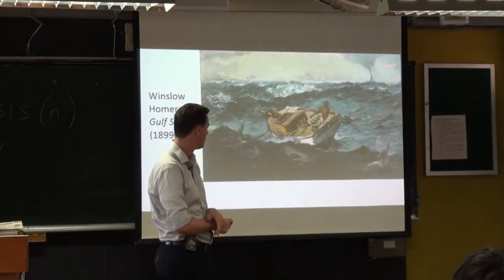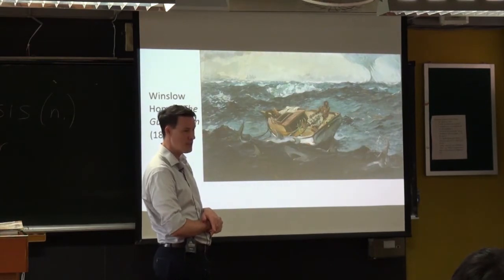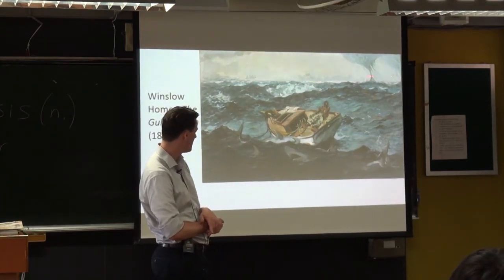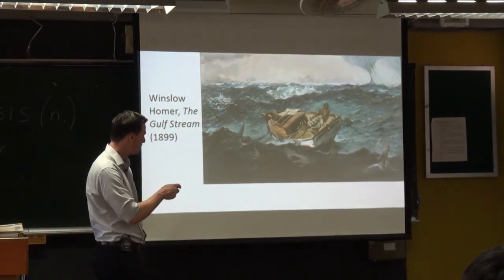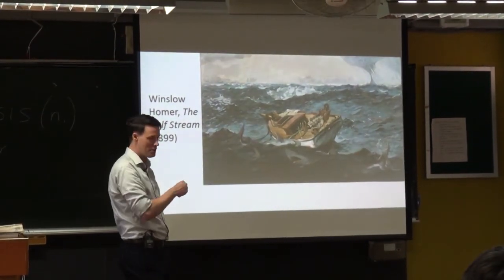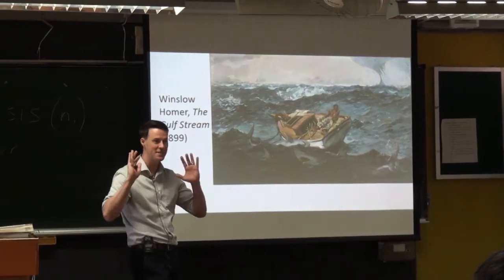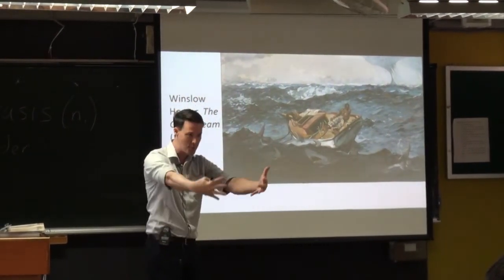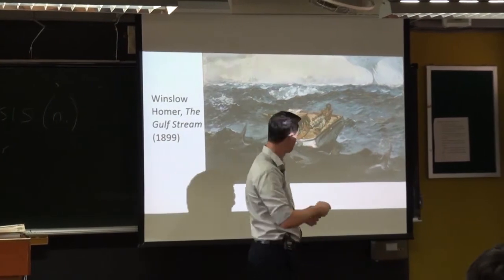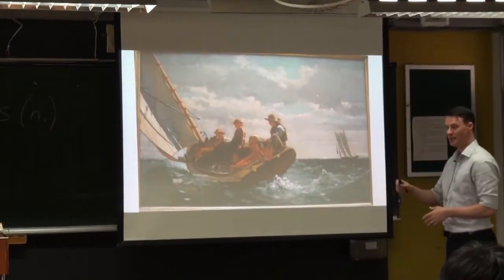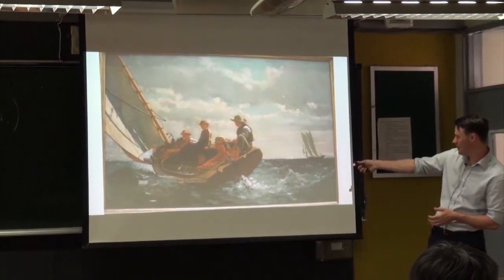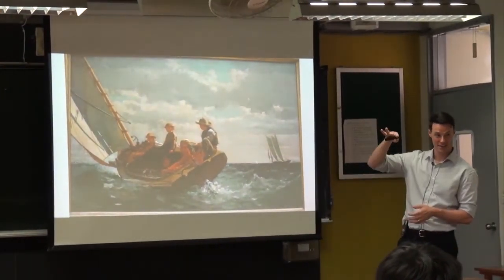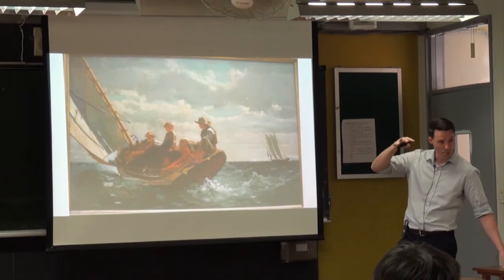Why do you think he put the horizon up higher on this one? Maybe because in this painting, it looks like the ocean is surrounding the whole boat. This one, they're above. They still can see the sky, right? They're kind of above the water.